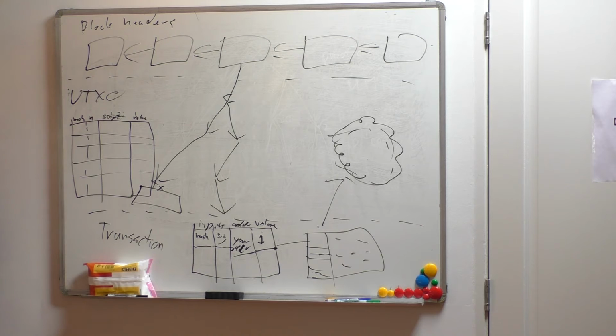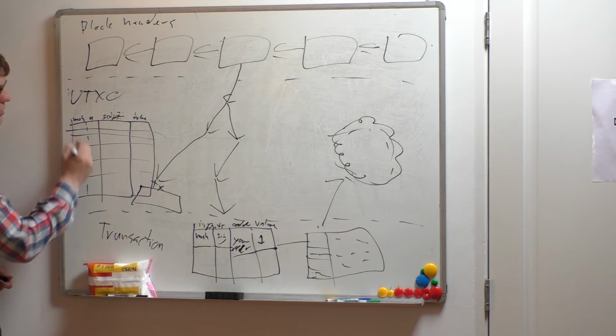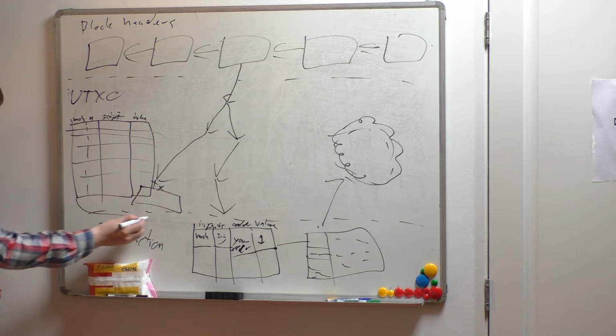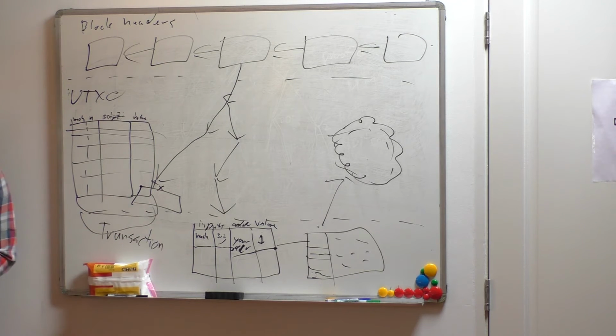And as you verify transactions, you go through the UTXO set, cross out stuff that's spent, and add new stuff to the bottom. That's pretty much all there is to it. And the faster this is, the faster you can process a block.